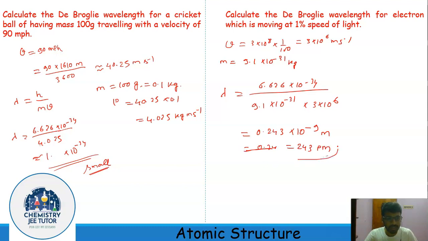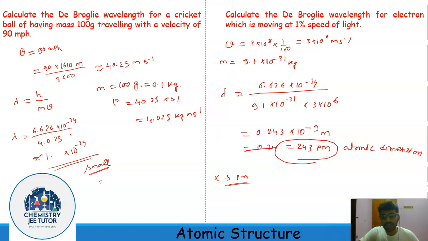Now you can see that this is in an atomic dimension. And if we recall, the wavelength of the X-ray falls in the picometer region. So the wavelength of the matter wave of the electron is of the same order as the X-ray wavelength.